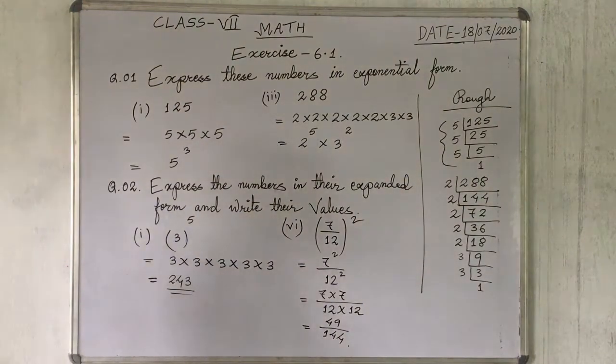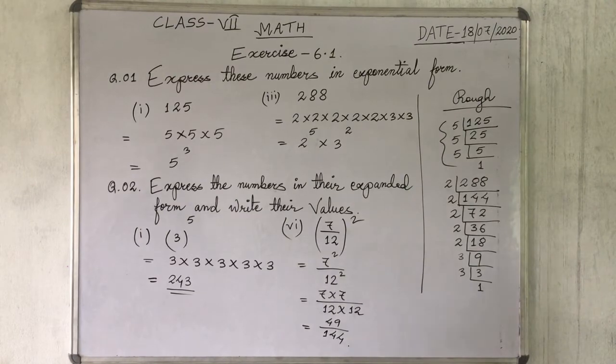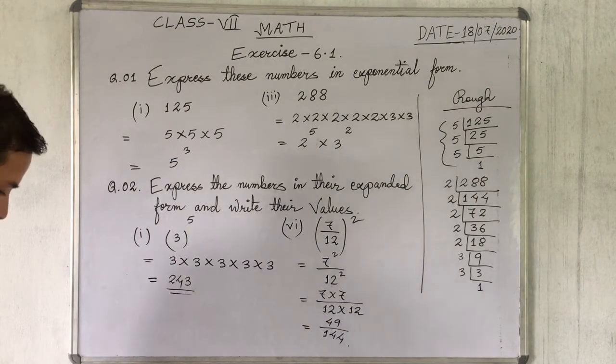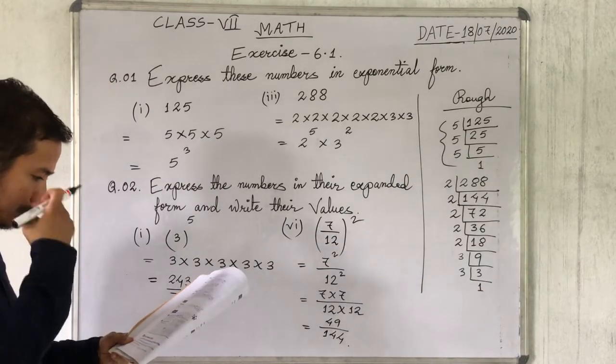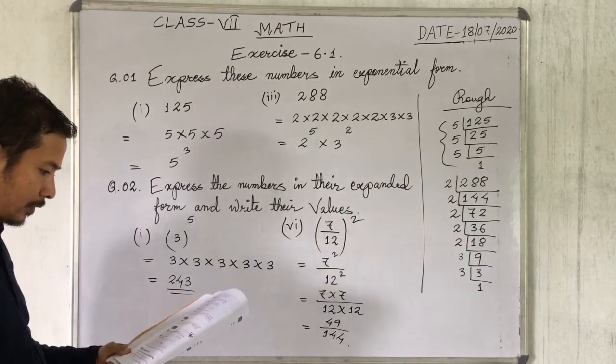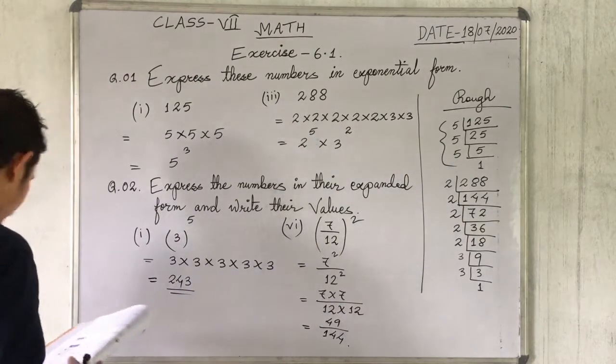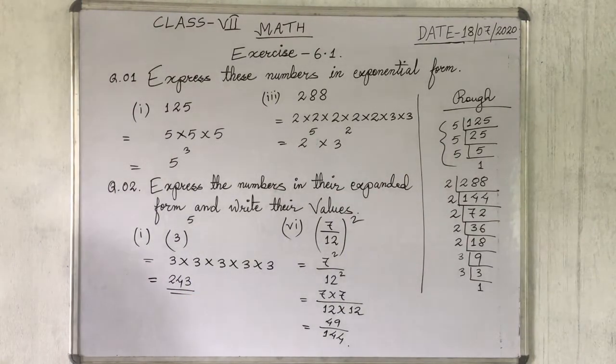1 and 6 I have done here. There are many questions in this exercise, in this question number 2 also, okay? Try to do them yourself. So now I am doing question number 3. Look here and try to understand, okay?